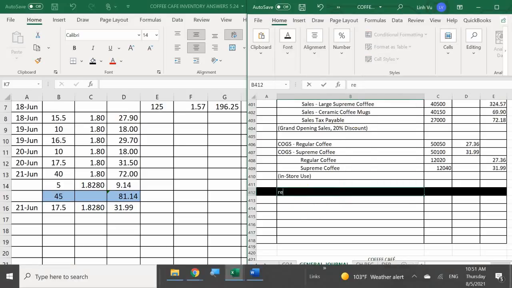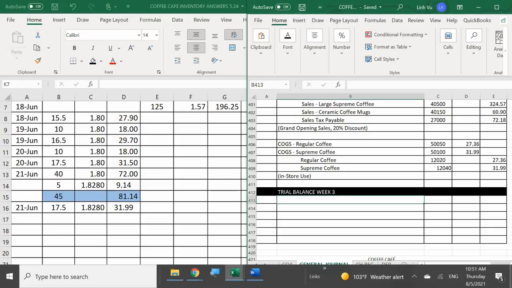Make a nice indicator. Trial balance week 3. So I have to enter all this information into my ledger.